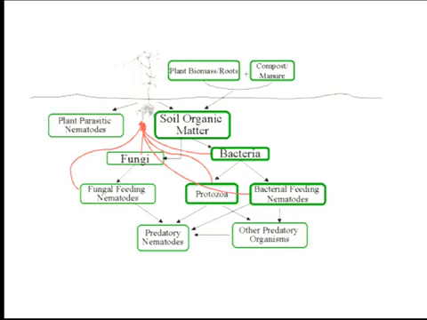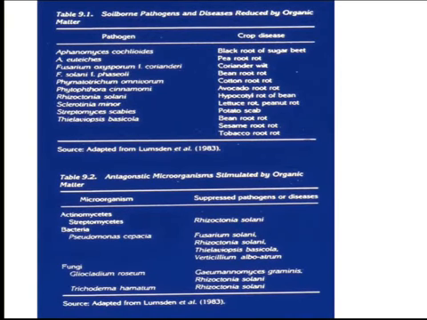And we have talked about this because associated with that organic matter, you create these food webs that are very complex, especially made up of organisms like Streptomycetes, Pseudomonas, Gliocladium, Trichoderma. These are all antagonists, beneficial microbes that are stimulated by organic matter that will kill the bad guys, okay?